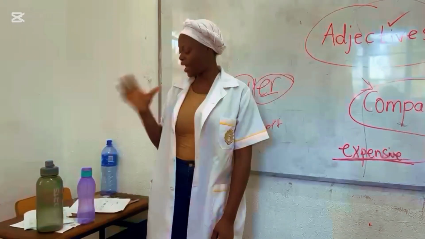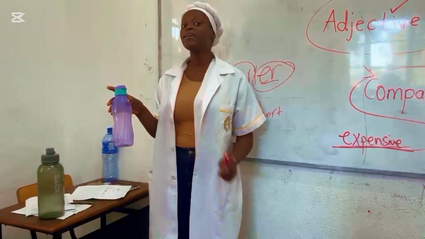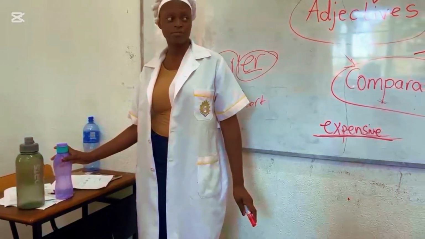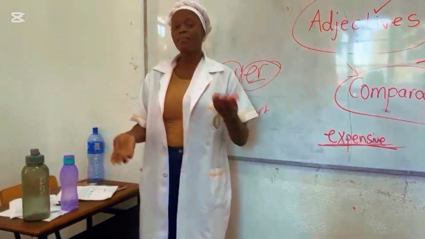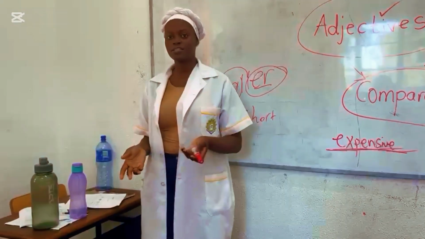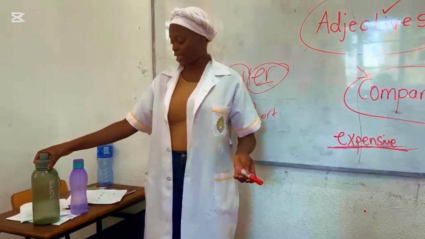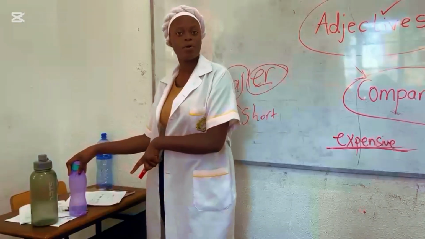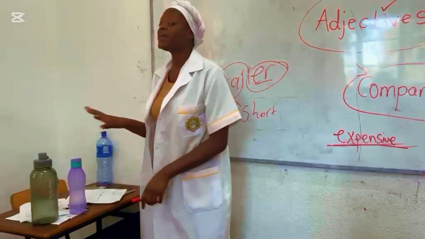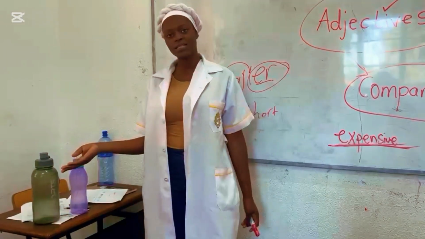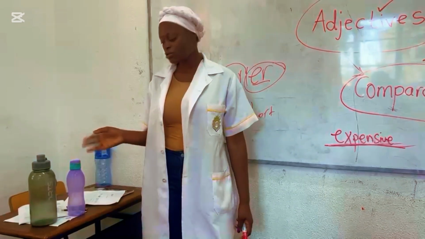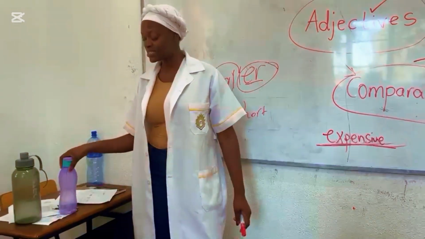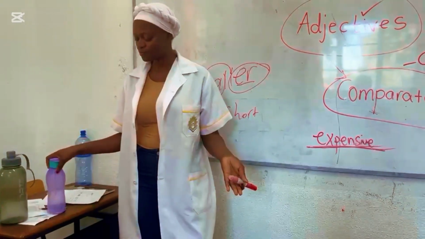In my opinion, I feel like the Tupperware is more expensive than the sports bottle, okay? And I might reverse the statement. I would say this sports bottle is more expensive than the Tupperware, and the Tupperware is less expensive than the sports bottle. So if this is more expensive, that means this is less expensive.